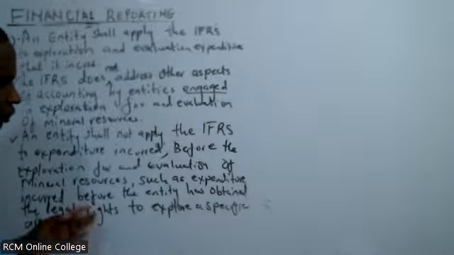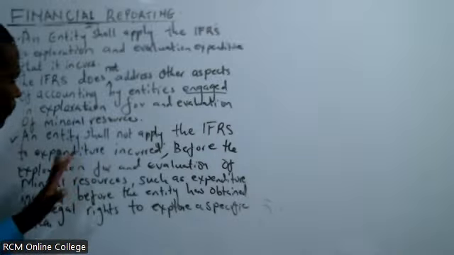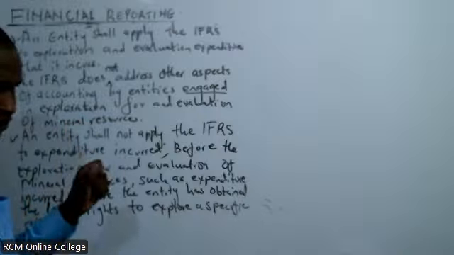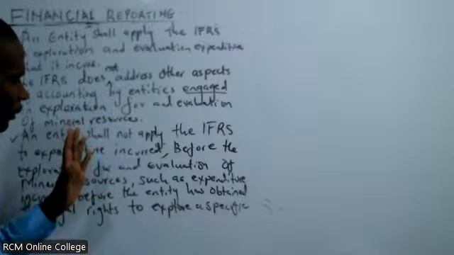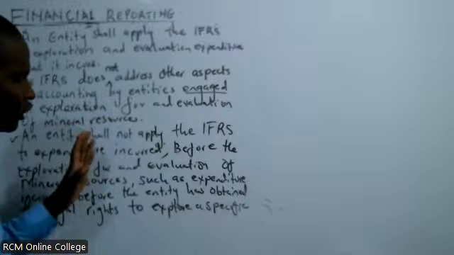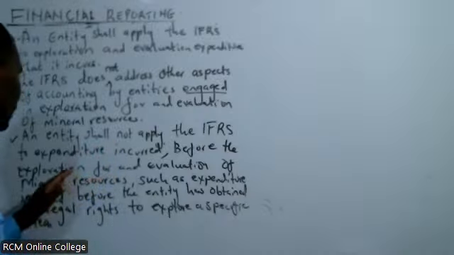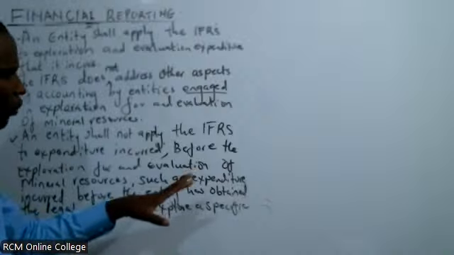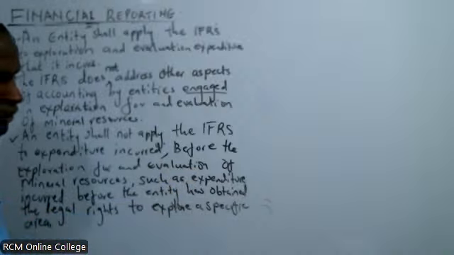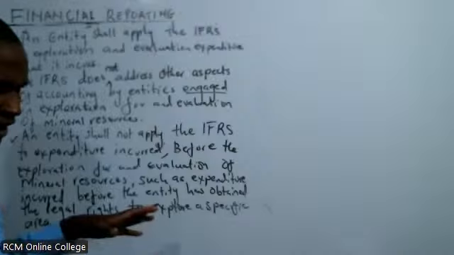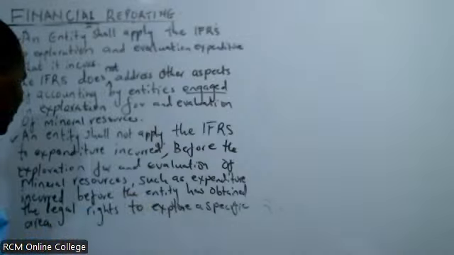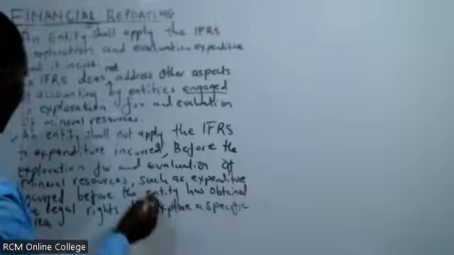In this case, you find that if, for instance, the entity is searching for maybe gold, trying to explore to see where gold is, there are those expenses that are incurred before it gets the legal rights, maybe from the government.